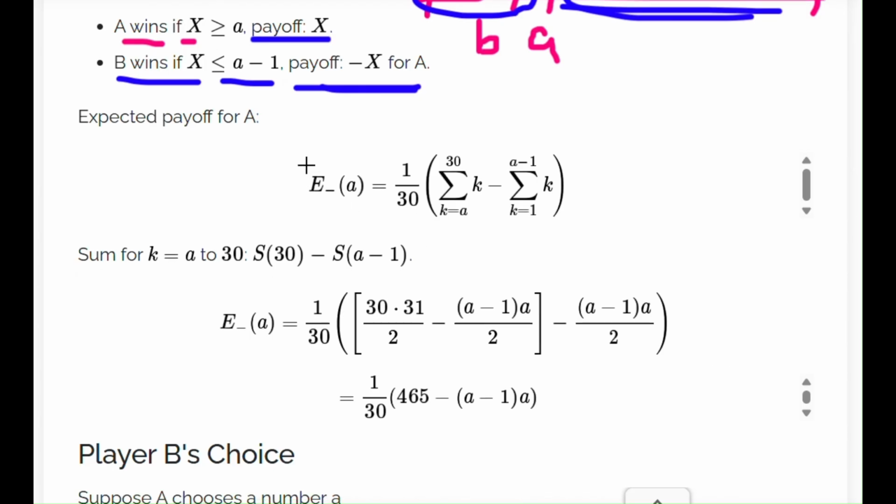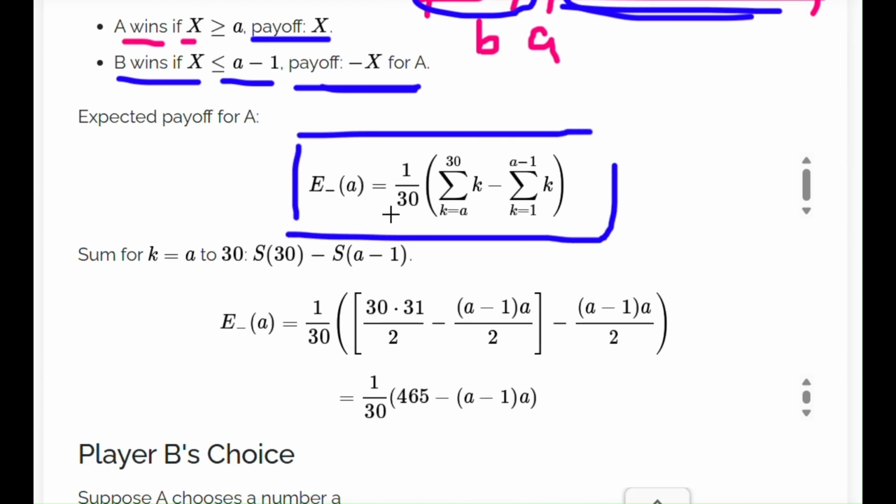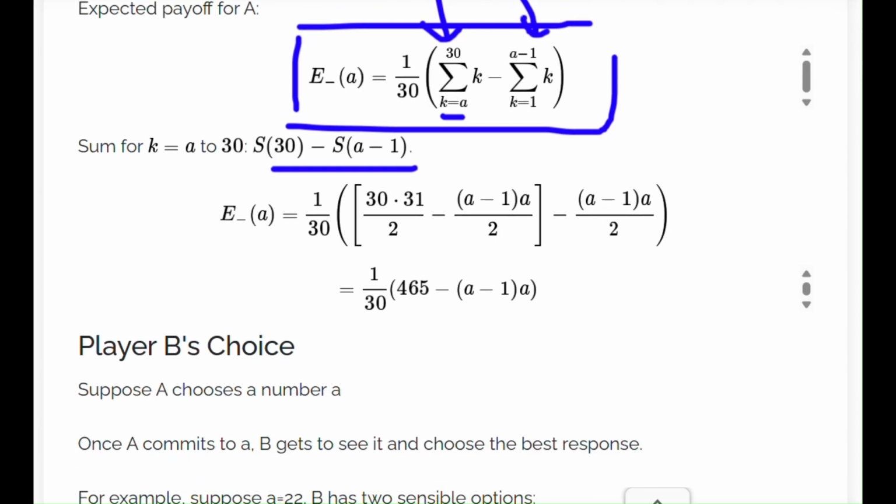So we calculate the expected payoff for A, same as the previous step, 1 by 30, which is the probability, and sum for the first part, k equal to A till 30, the payoff is X dollars, and from k equals 1 till A minus 1, the payoff is minus X for A. Now we solve this expression, and this gives us the expected value. It's equal to 1 by 30 times 465 minus A times A minus 1.